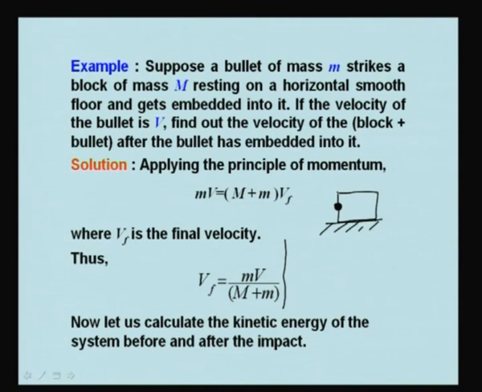So therefore, in the beginning, vf may still be considered as mv divided by m plus m. However, after that, its velocity will keep on reducing because of the friction. Now, let us calculate the kinetic energy of the system before and after the impact.